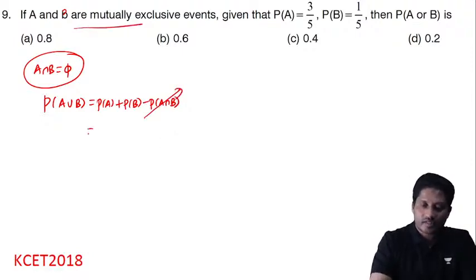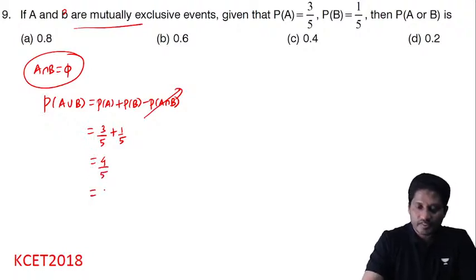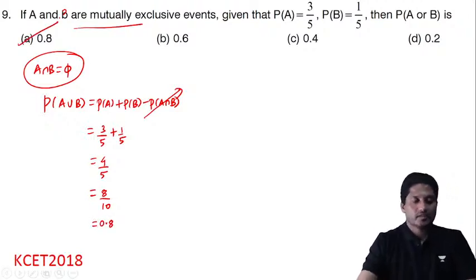P of A is equal to 3 by 5 plus 1 by 5, which is equal to 4 by 5. 4 by 5 is the same as 8 by 10, which is equal to 0.8. Right, the answer is option A.